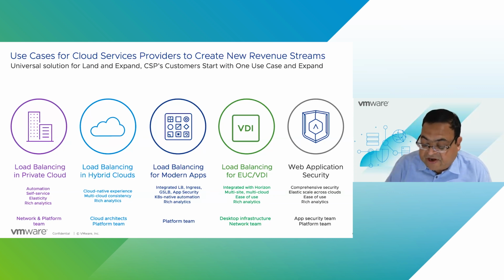Each customer may start a little differently, but the two primary use cases we see customers start with are load balancing in private cloud, the first one, and the third one, if they are just doing a LAN right now, many times they start with the modern application which they want to shift to the VCPP provider's environment. Each customer is different, but that gives you so much room for land and expand.